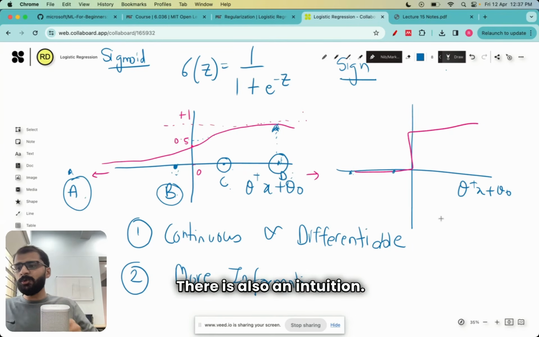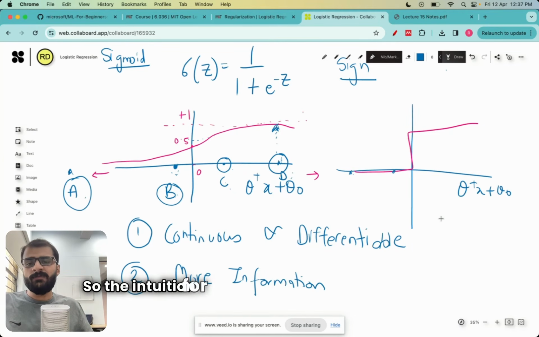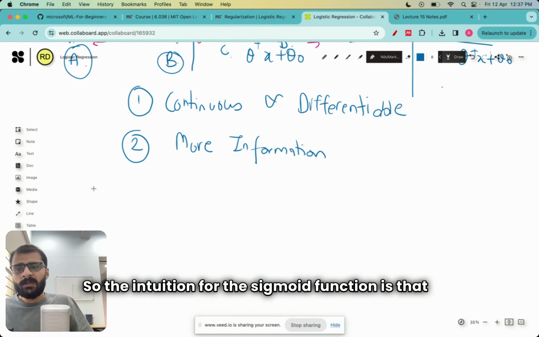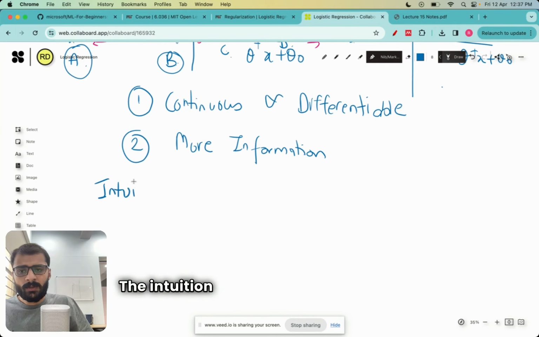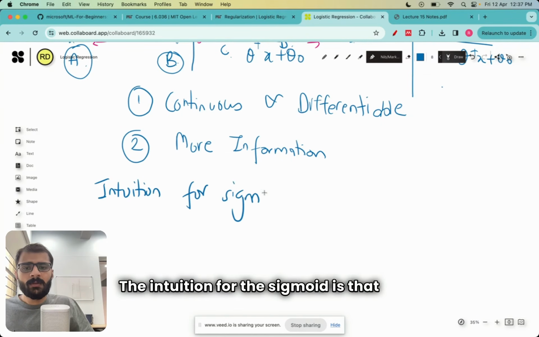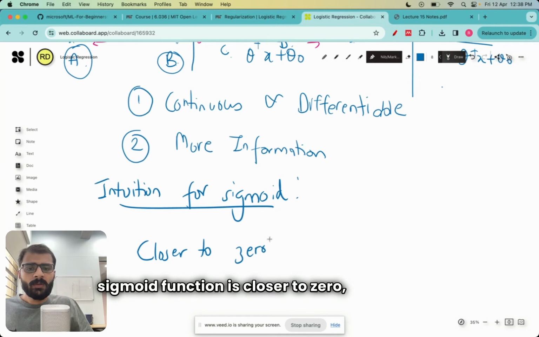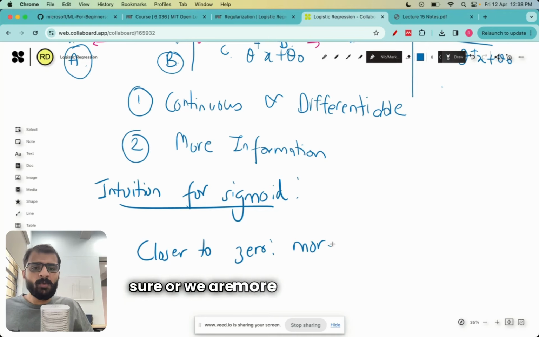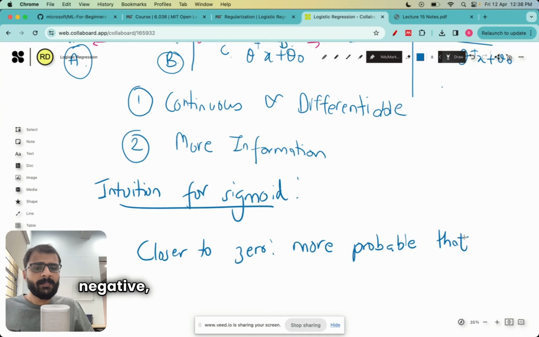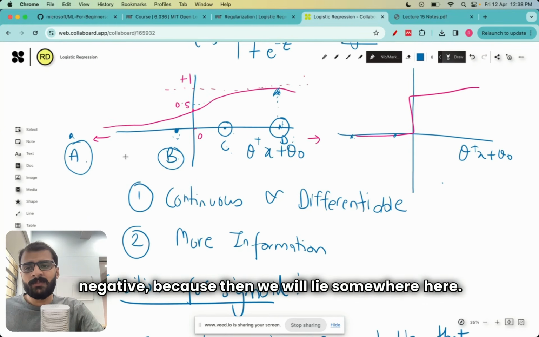There is also an intuition. The intuition for the sigmoid is that if the sigmoid function is closer to 0, we are more sure, or more probable, that x is negative, because then we will lie somewhere here.